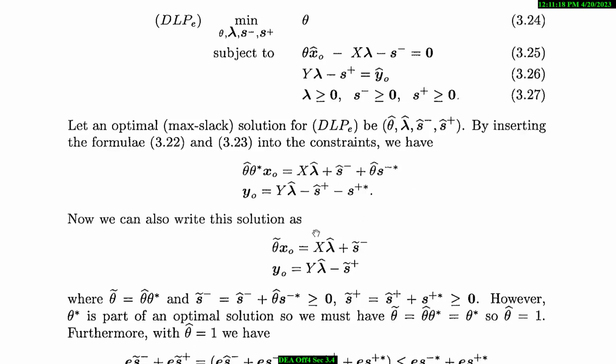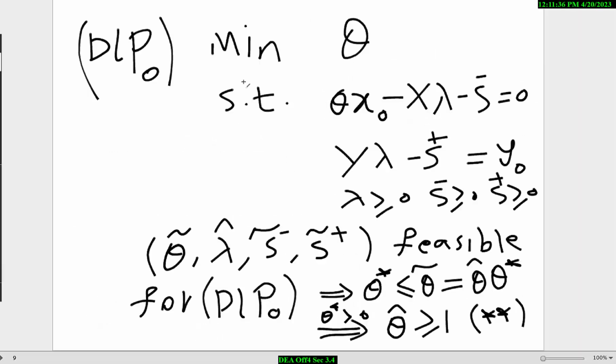Now compare this with the constraints of DLPO as we defined it before, minimizing theta with these constraints. It can be seen that these values are feasible for DLPO.